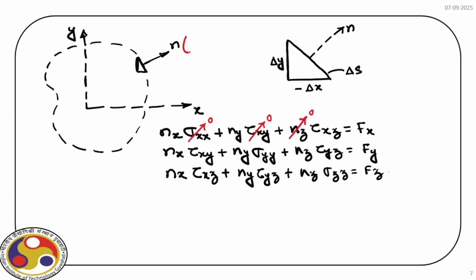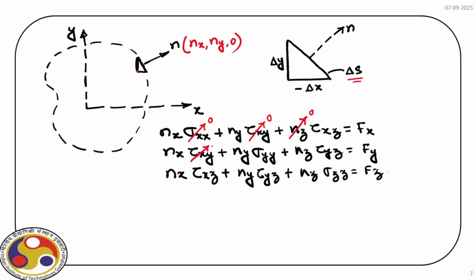So we have here nx, ny and 0, because the z coordinate is perpendicular to this plane, and this plane we have identified here, delta s, it makes 0 angle, and therefore nz is 0.